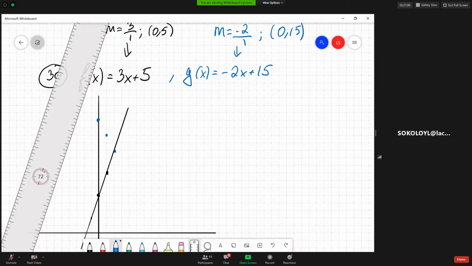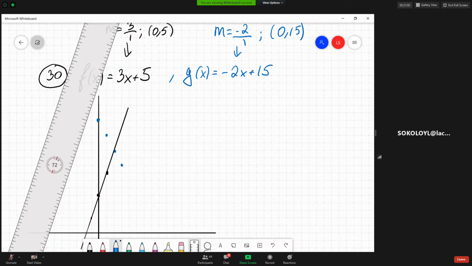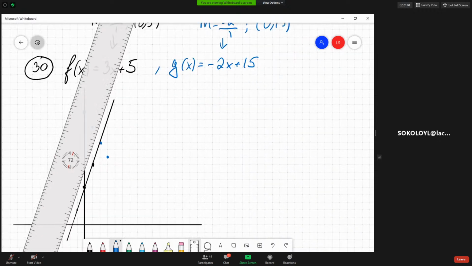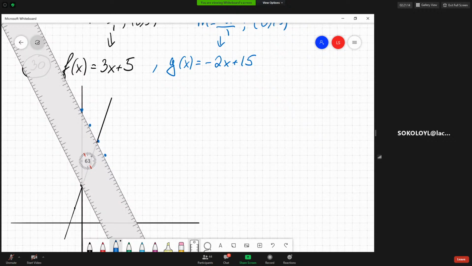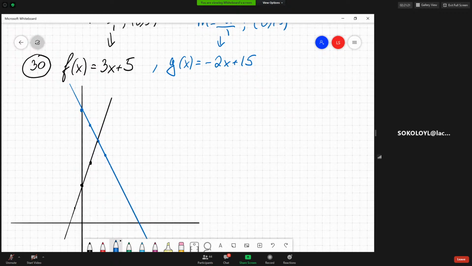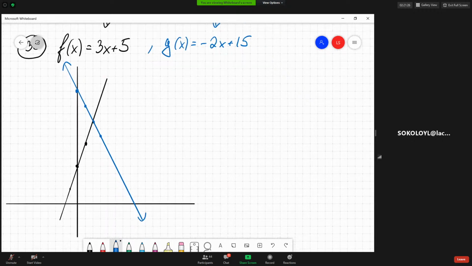So this will be on the line, this will be on the line. All right, let's see if it worked. So this is my g of x, and this guy is my f of x.